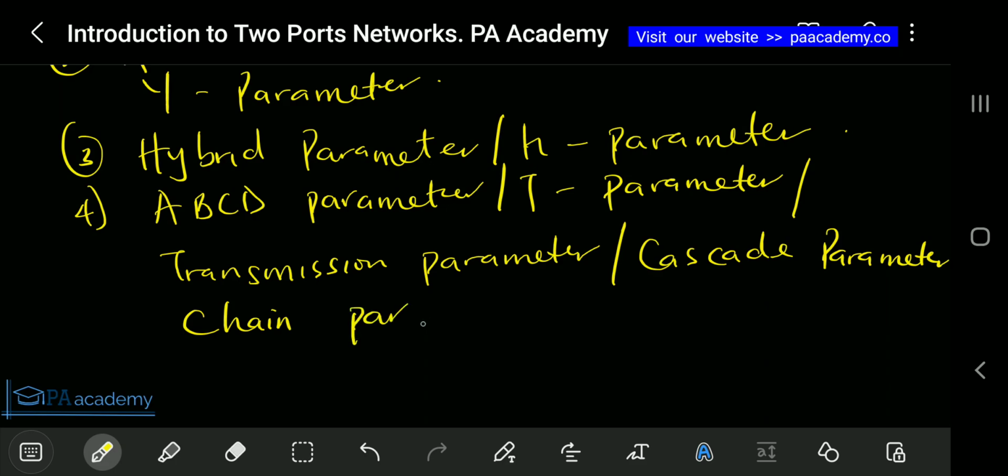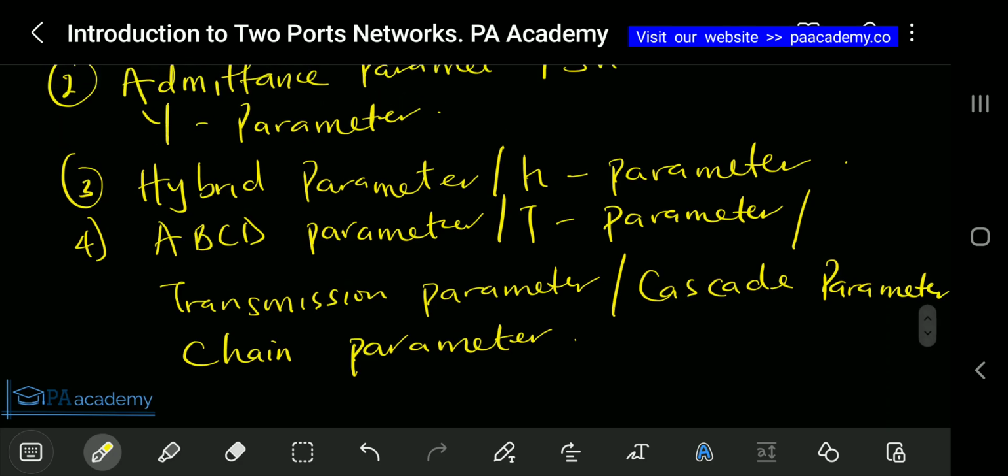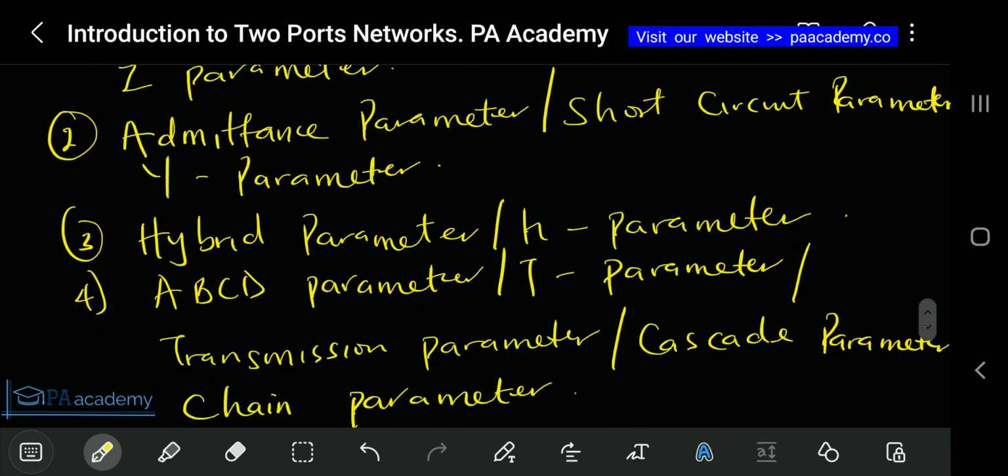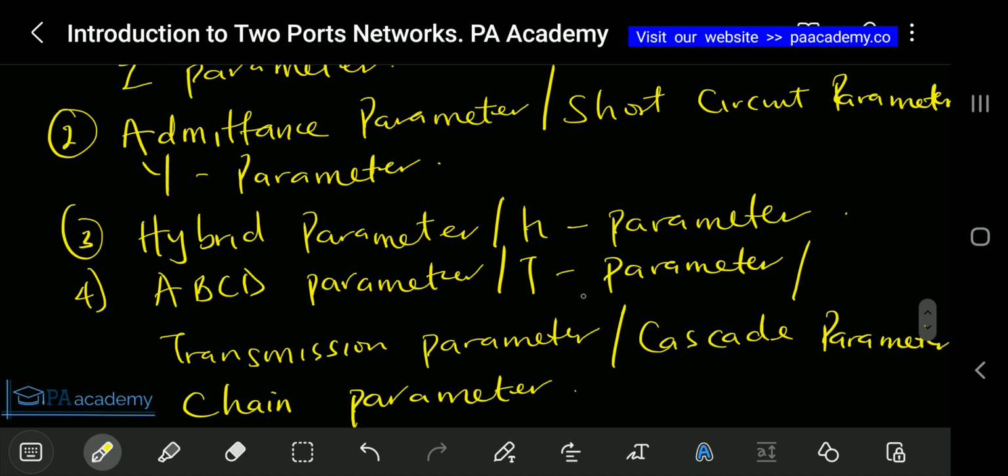Like I said earlier, you need to get yourself familiar with the alternative names for these parameters, because for example, a question might just tell you to find a parameter, and they won't even tell you if it is ABCD. Exactly. And for this ABCD parameter, you need to take note, this is the one in capital letters, so it's different. Take note of it, not that of small letters.